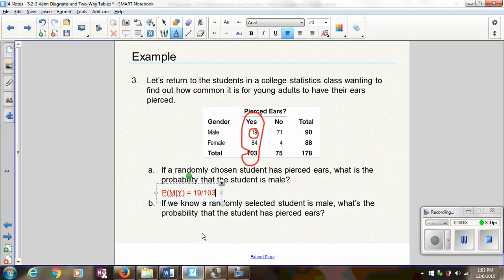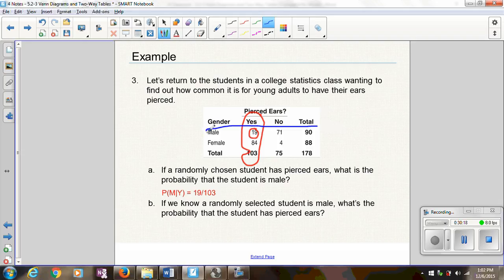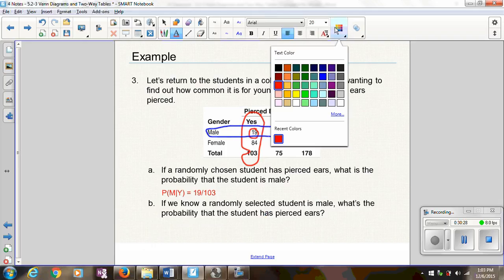If I know that a randomly selected student is male, now I'm looking at this group of individuals. And if I want to know the probability that the student has pierced ears, it's going to look a little bit different when I write it down.